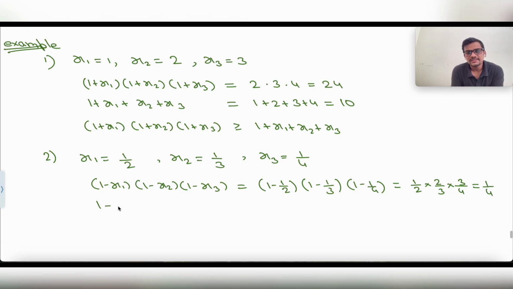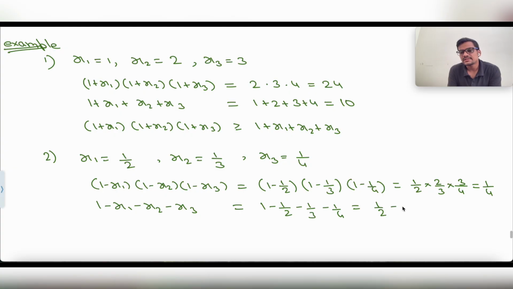Now if I take this sum, that is 1 - x1 - x2 - x3, this will be equal to 1 minus half minus 1/3 minus 1/4, and that is equal to half minus 1/3 minus 1/4.